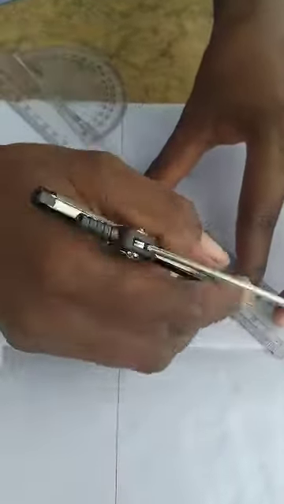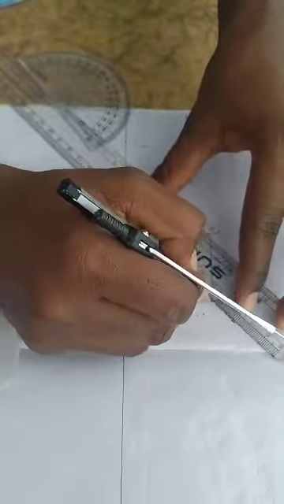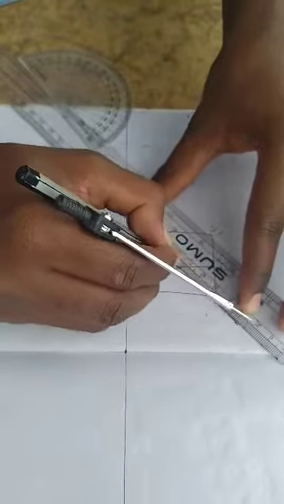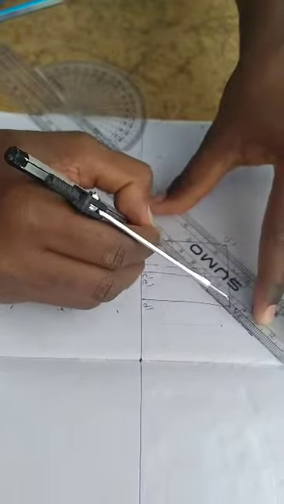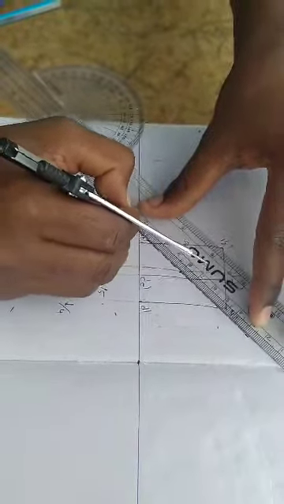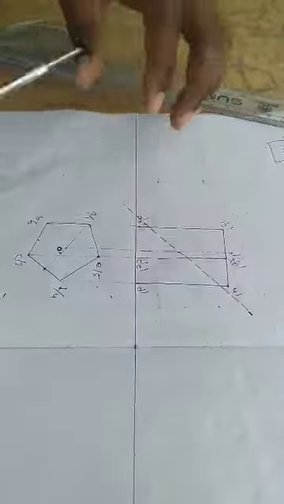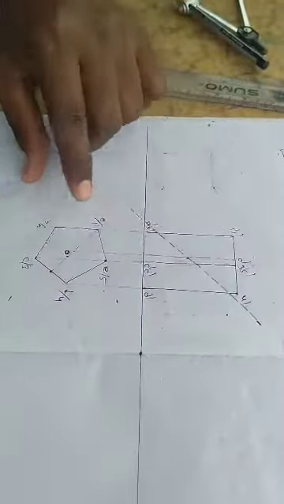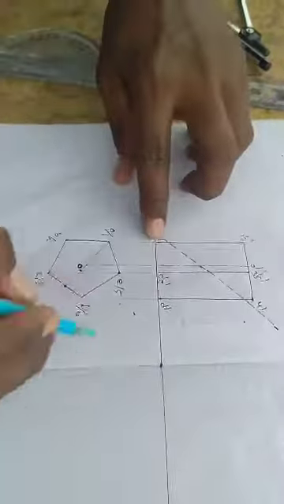This auxiliary inclined plane cuts the object. The auxiliary inclined plane cuts these edges. The AB edge is here.